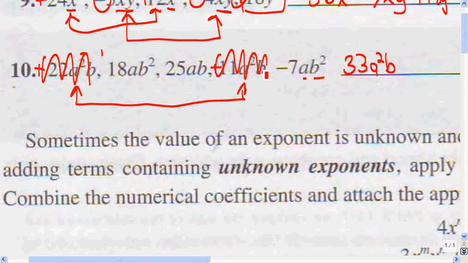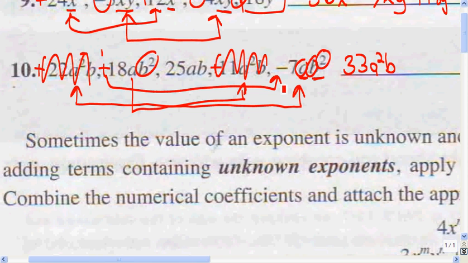So let's look at the next like terms. Well, the 18ab squared is the same as the negative 7ab squared. You notice the variable is the same, ab, and the exponents are the same, b squared, and here you've got b squared. Okay, so that means I can combine them. Now notice that there's no sign here, so I know it's positive. And there's a sign here, it's negative, so the signs are different.